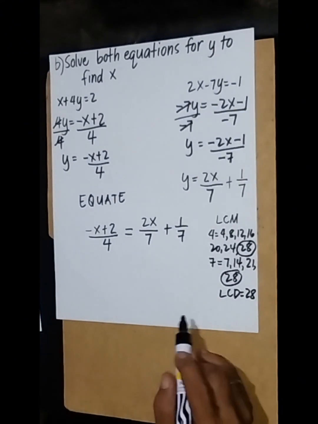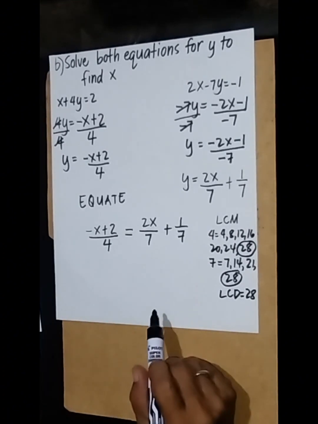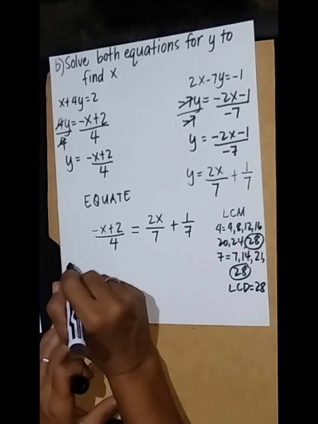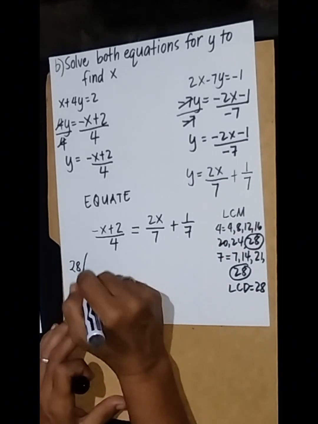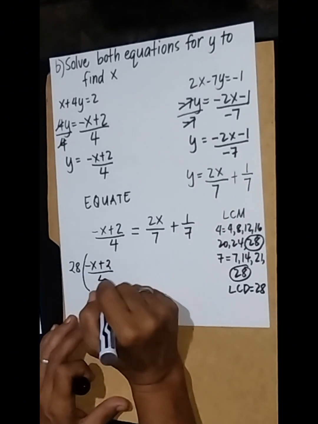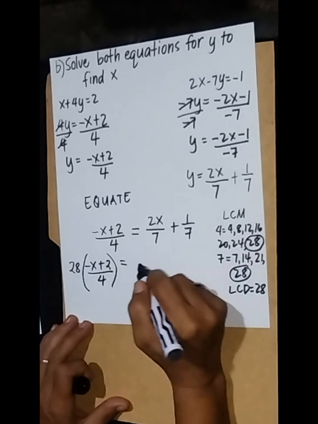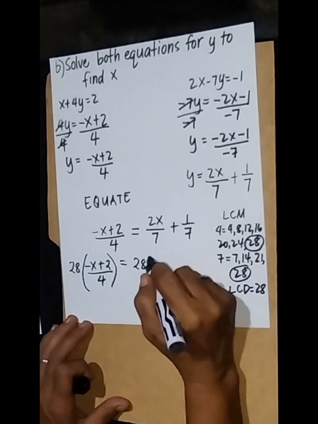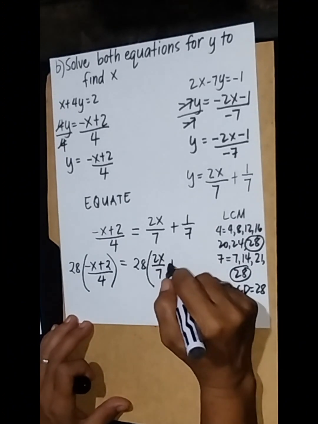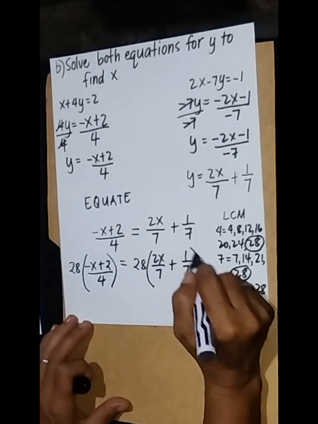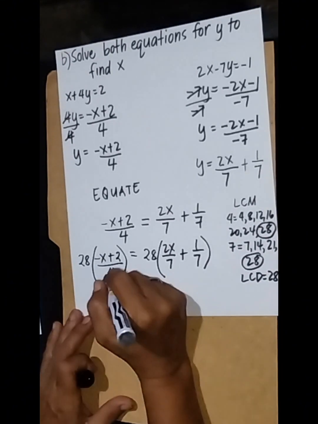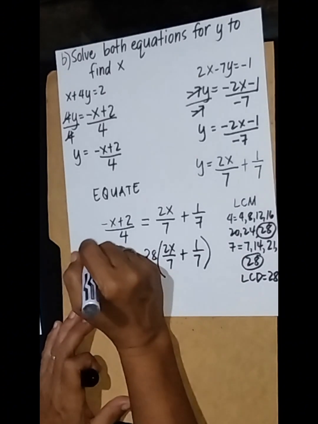Now we have to multiply both sides of the equation by the LCD. So, we multiply 28 times negative x plus 2 over 4 equals 28 times 2x over 7 plus 1 over 7. Now, 28 divided by 4 is equal to 7.